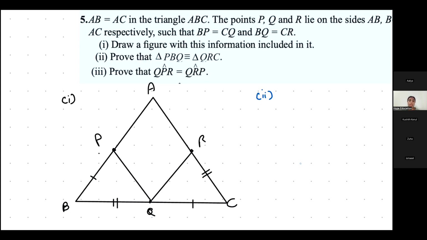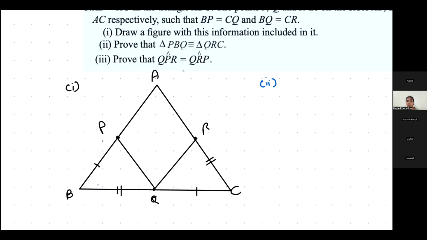SAS, correct. Sides, included angle. We know this and this are equal because this is an isosceles triangle. This side and this side are equal. Angles opposite to the equal sides are also equal. Okay, so we know how to write a congruency case.